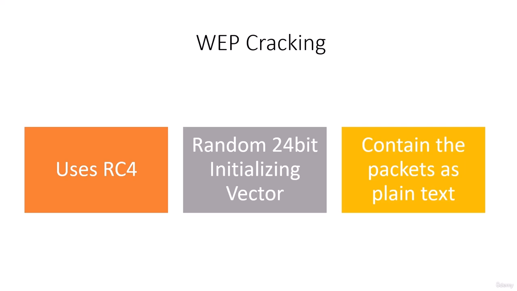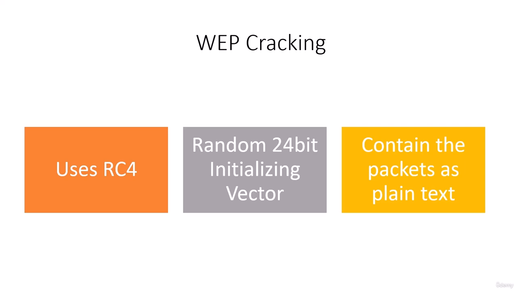So very simple: apply the encryption on the packets and send them to the client, who has the key and decrypts them. In the same way, when the client sends a packet, it encrypts it and sends it into the air. The access point then receives it. The access point has the key, so it will decrypt the packet.